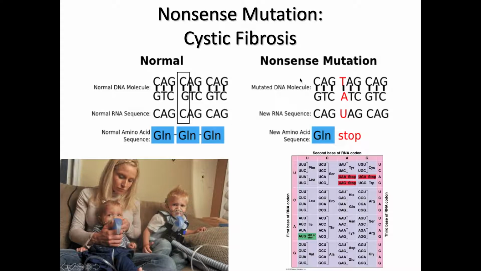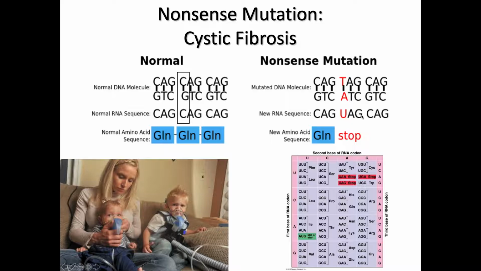But when a nonsense mutation occurs in a patient that has cystic fibrosis, this DNA strand, this top one, this cytosine got mutated to a thymine, and thymine base pairs with adenine. So this template is now different. What will base pair with adenine to make the new mRNA strand is uracil.